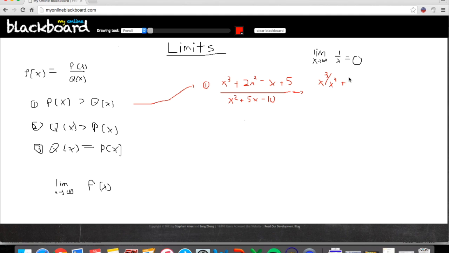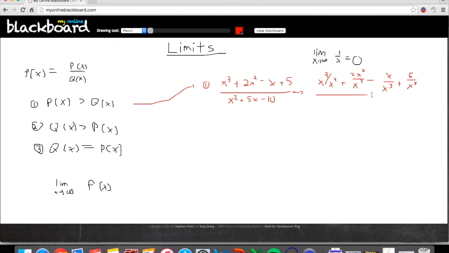plus 2x squared divided by x cubed. Then we have minus x over x cubed. And then we add 5 over x cubed. And that's the numerator.